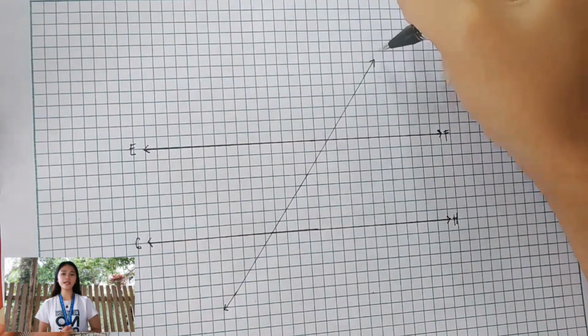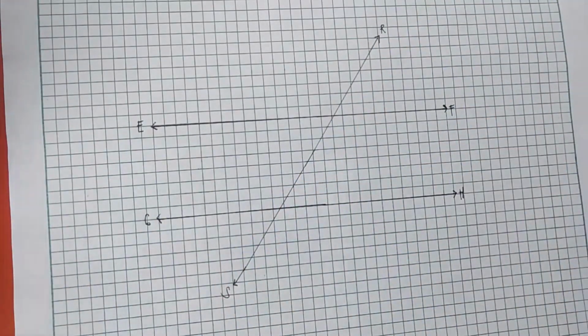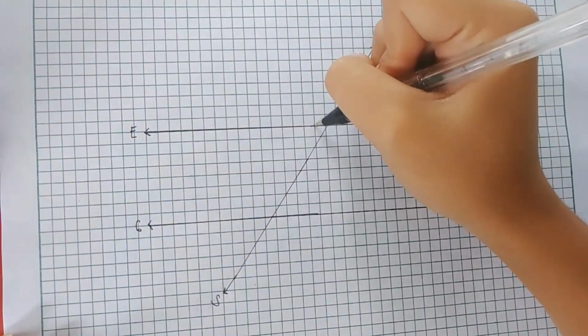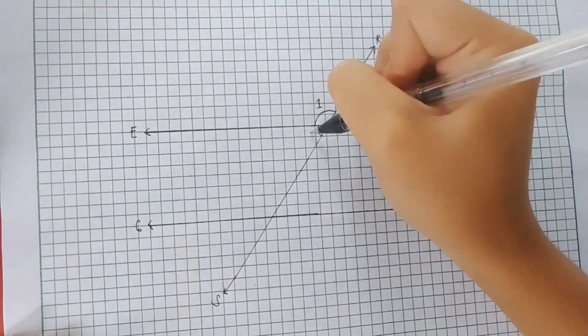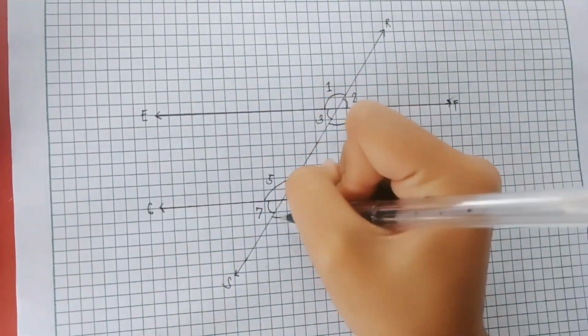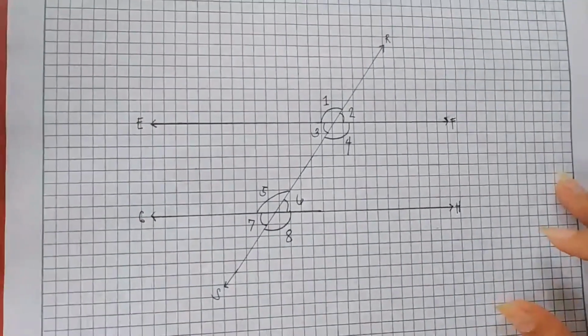The transversal line is line RS. And then, we will put numbers on every angle. We will find the congruent angles.